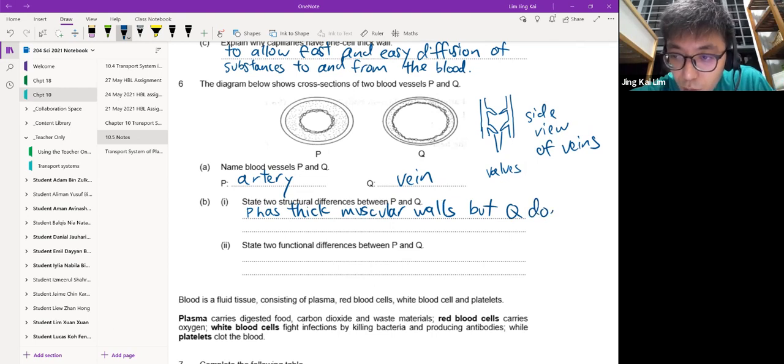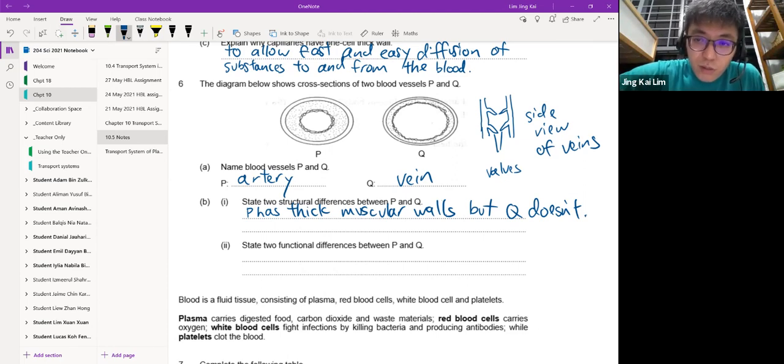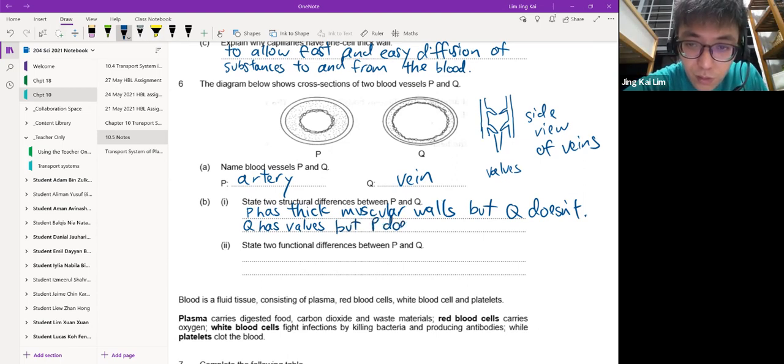So this is a comparison, and it is the way to tell differences. You don't just tell people that P has thick muscular walls and stop there. You must tell me a difference, so there must be a form of comparison. The other one will be Q has valves, but P doesn't. So these are the 2 structural differences.